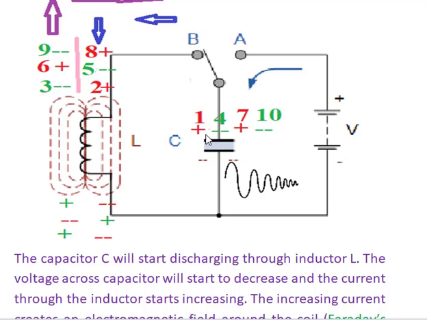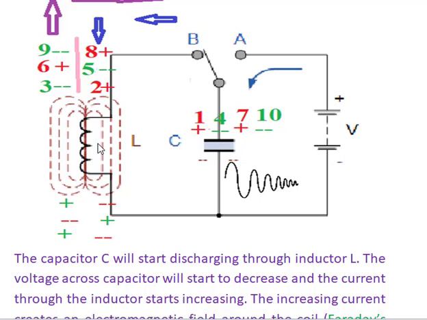When it is moved to position B, the capacitor starts to discharge through this wire to the inductor coil. The positive voltage is fed to this point, and the negative voltage from the capacitor is fed to the inductor coil. So a DC voltage is fed to the inductor coil.